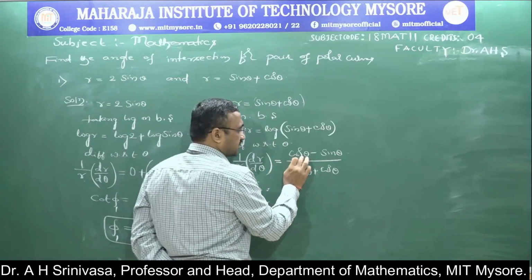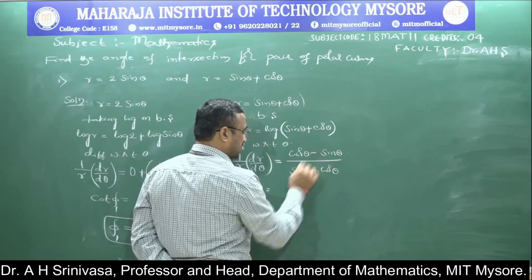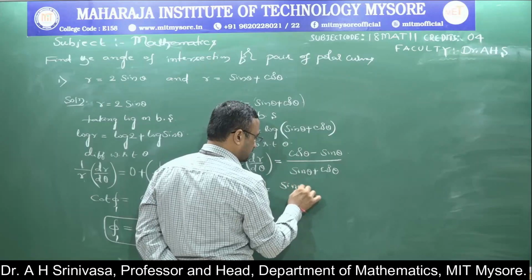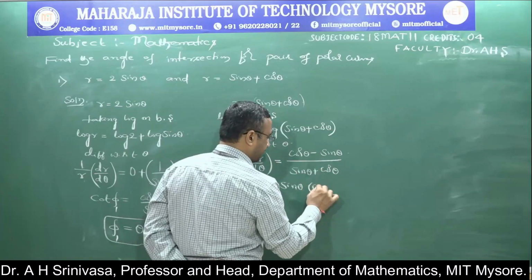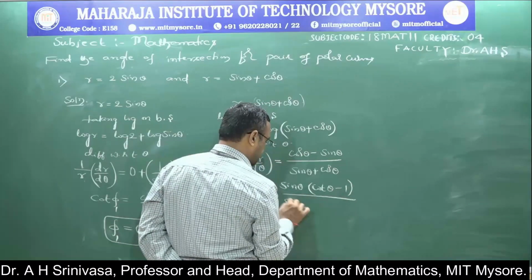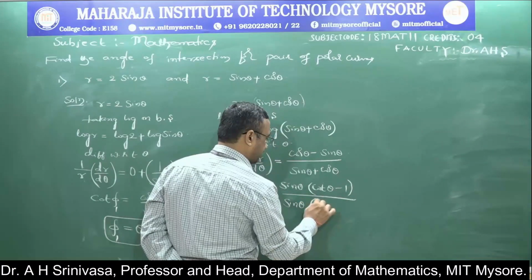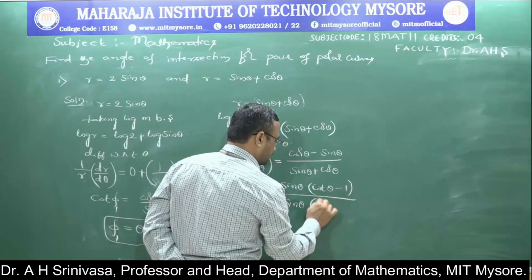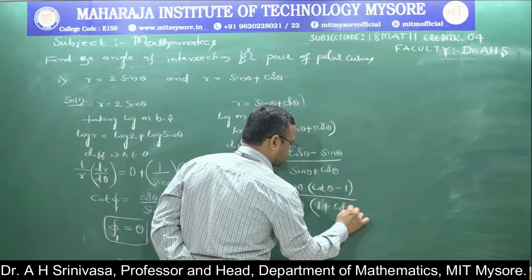Then you take a common factor of sin theta here. If you take a common factor of sin theta, this becomes cot theta minus 1 divided by, again you take a common factor, 1 plus cot theta.